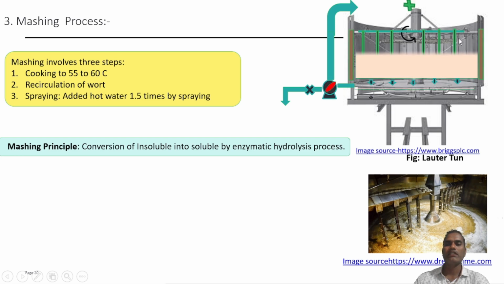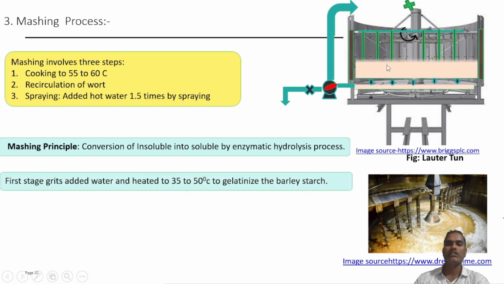In some industries, external microbial enzymes may be added. The milled malted barley grains are added with water and cooked continuously for 1 to 1.5 hours at a temperature of 55 to 60 degrees Celsius, with recirculation of the extracted wort.